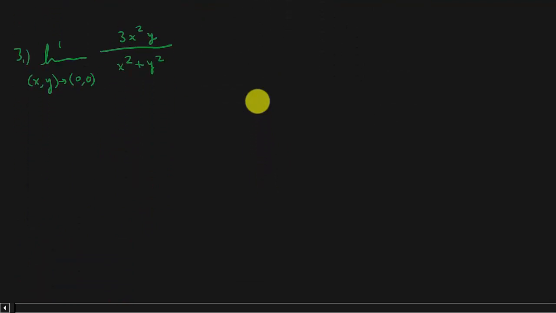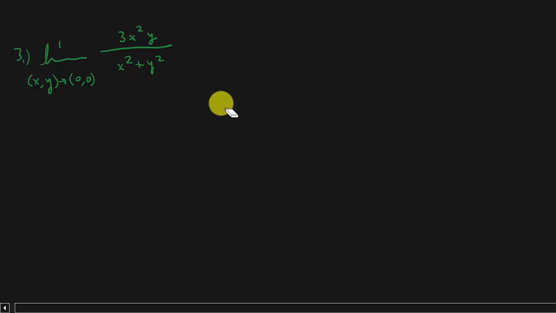So what about this problem here? All right, so they're asking us to evaluate the limit. So notice if we plug 0 in, we will actually get 0 over 0. You see that? So we can't just plug the point in.